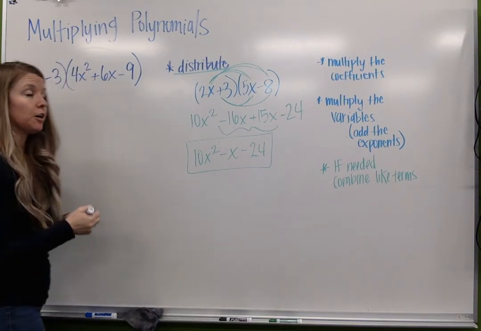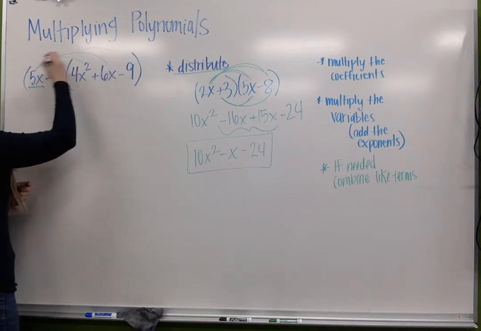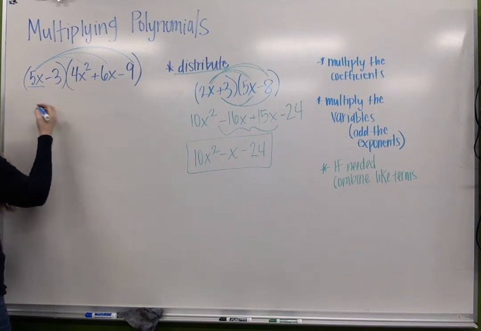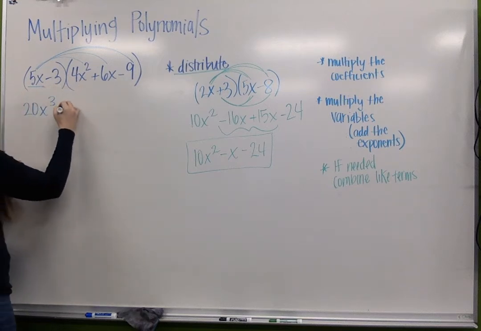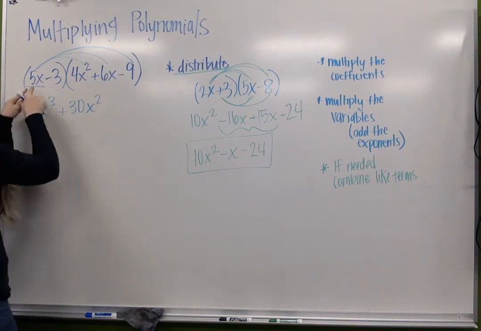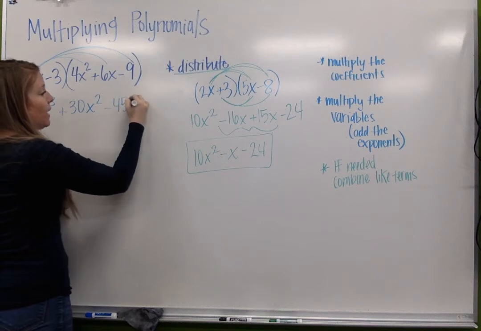Distribute the first term, 5x, to all three terms. 5x times 4x squared is 20x cubed. 5x times 6x is positive 30x squared. 5x times negative 9 is negative 45x.